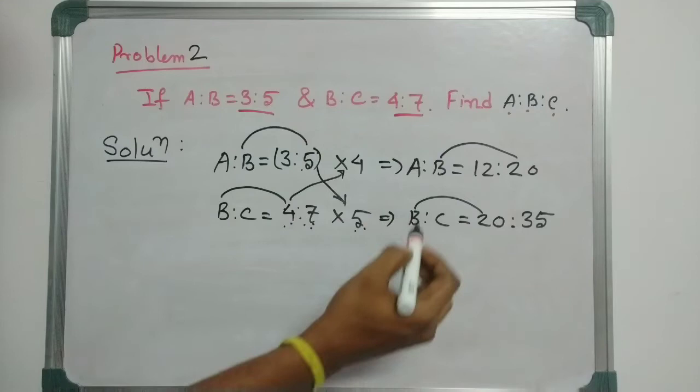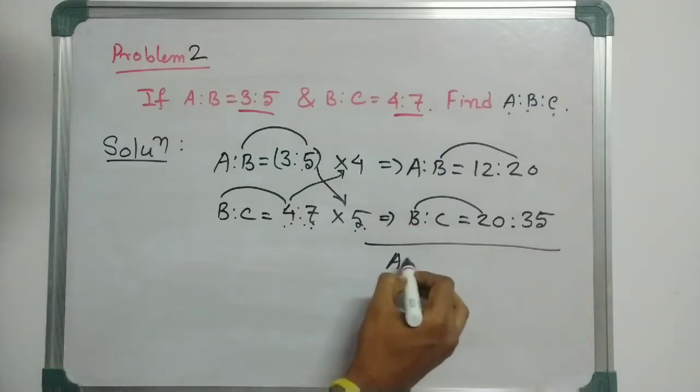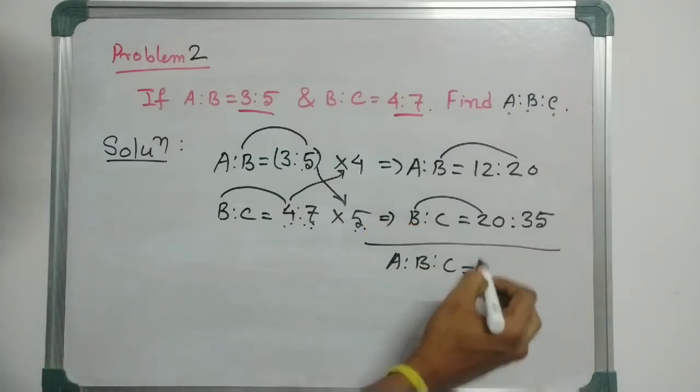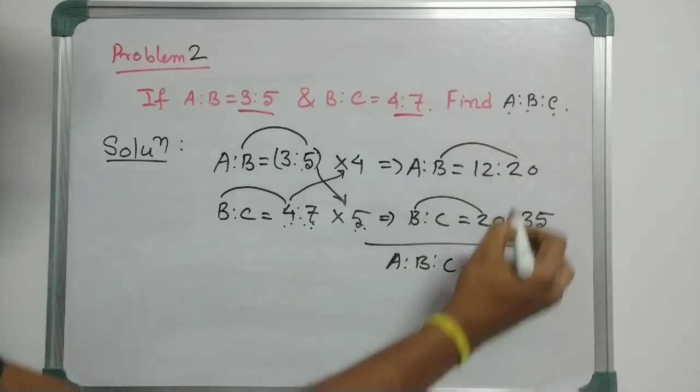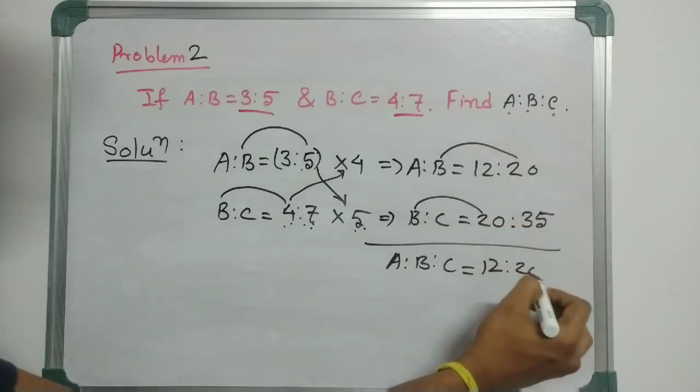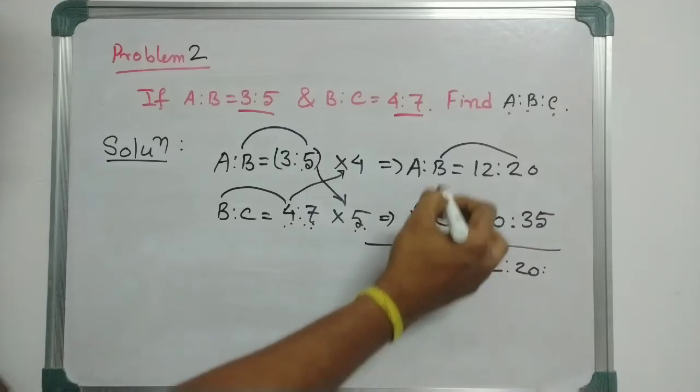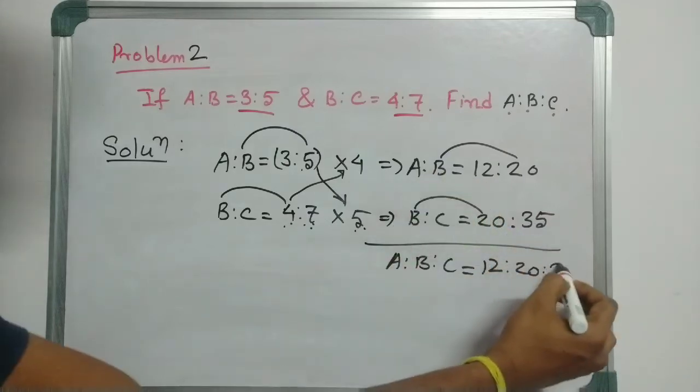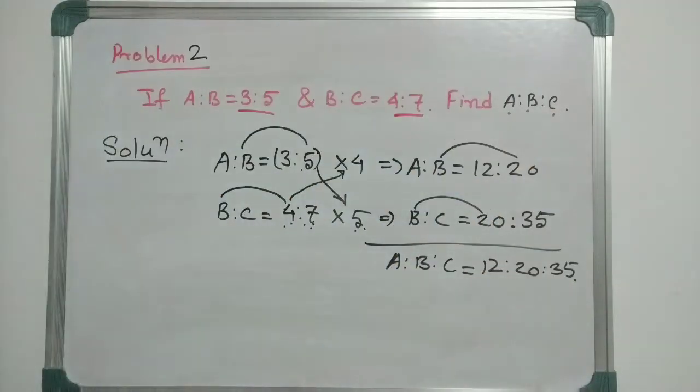So we can say that A is to B is to C equals 12, then 20, because 20 is common to both of them, and next 35. So the ratio of A, B and C is 12, 20 and 35. So this is the answer.